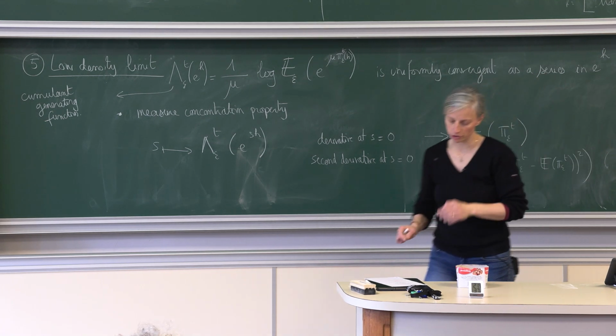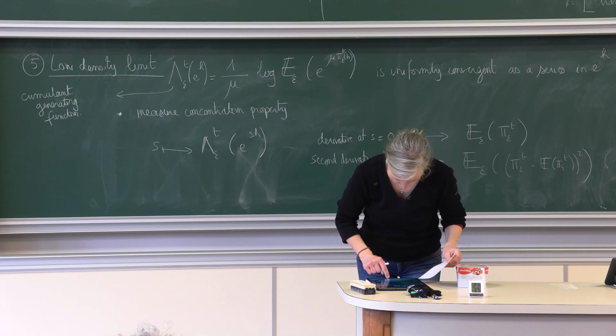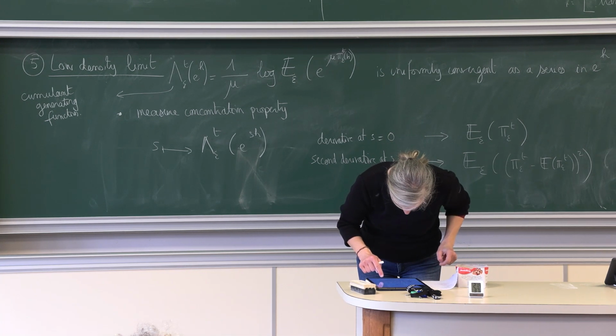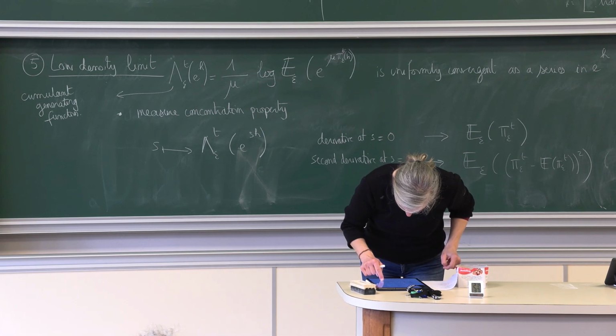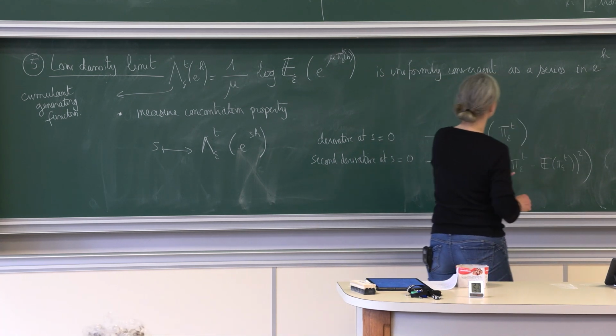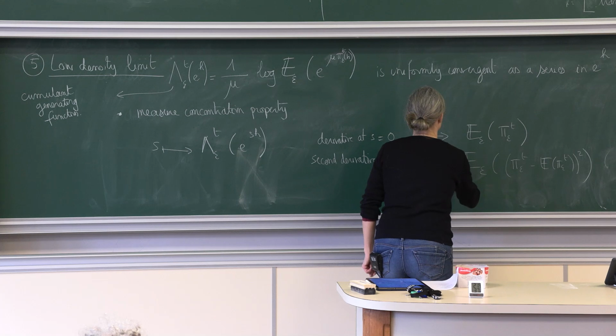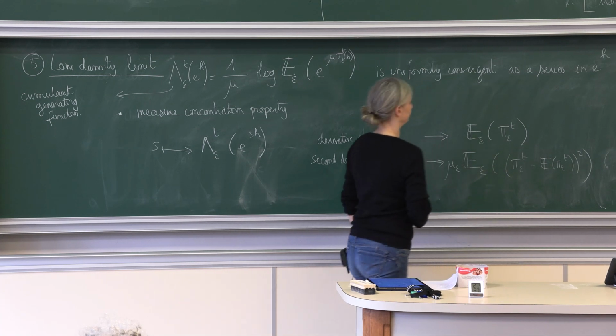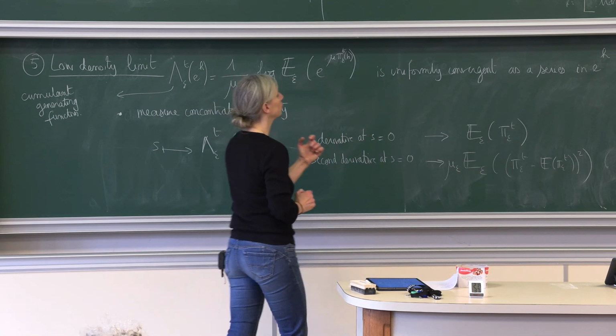And maybe there is a normalization, I don't know. Maybe there is a 1/2 or, no, I think it's something like this. So this is actually 1 over mu epsilon times the, so if you compute the second derivative, you get this.